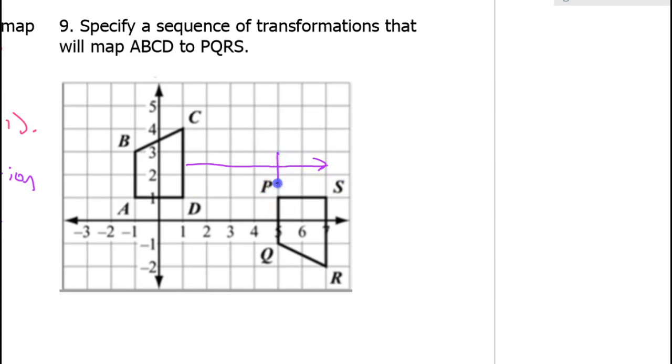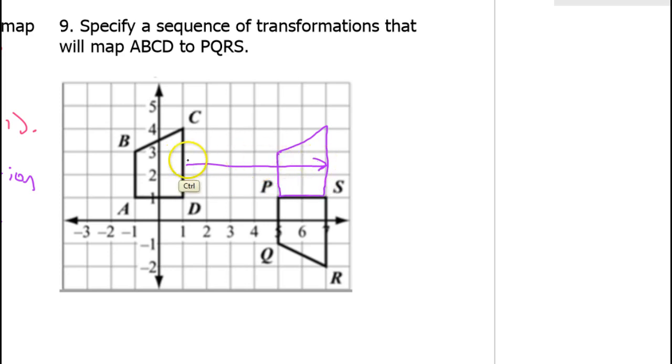If I just moved it over, wouldn't it look like this? So how far would I have to move it? Well, look, if I'm moving CD to this position, I just moved it 1, 2, 3, 4, 5, 6.